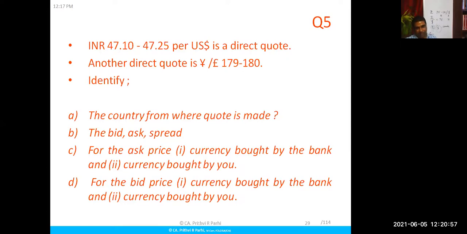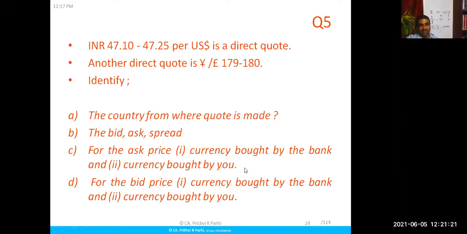Now, what is the question? For the ask price, the currency bought by the bank and the currency bought by you. What is the ask price? Let us say the ask price is 47.25, so rupee by dollar is equal to 47.25.